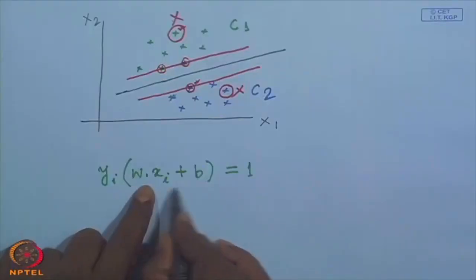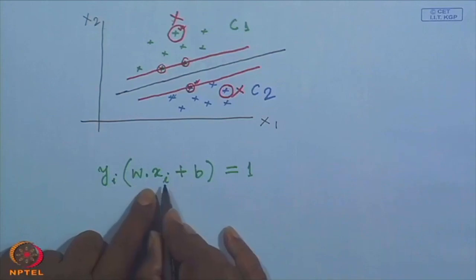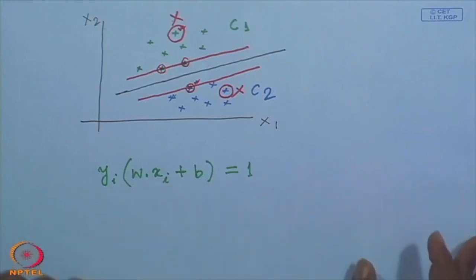Now, what I have to do is, if you look at this expression, w dot xi plus b is a measure of distance of point xi from the plane w dot x plus b equal to 0.